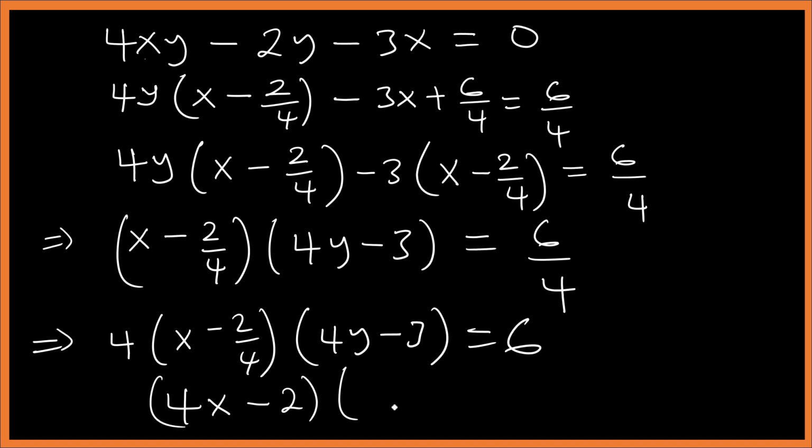And this side will be 4y minus 3 equals to 6. As simple as that. Okay. Now let's go ahead and then solve for x and y here. So let me repeat it here. 4x minus 2.